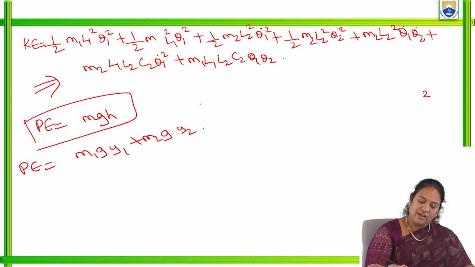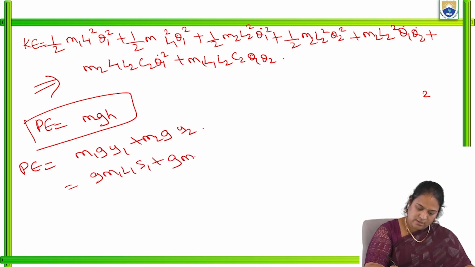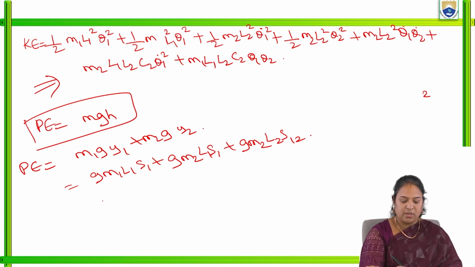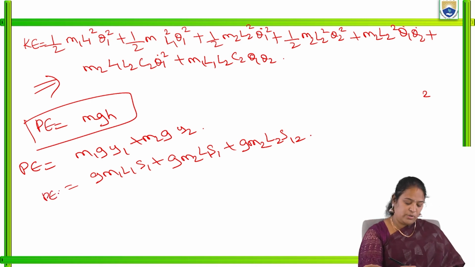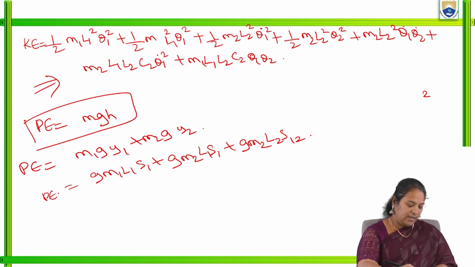So m1 g y1 plus m2 g y2, that is g m1 l1 s1 plus g m2 l1 s1 plus g m2 l2 s12. So this is how we write the potential energy for this particular equation.